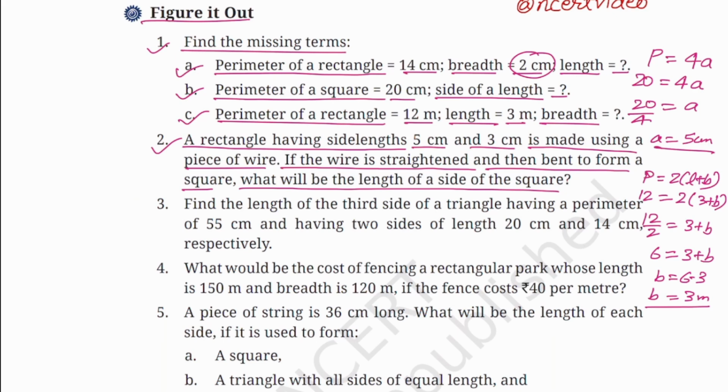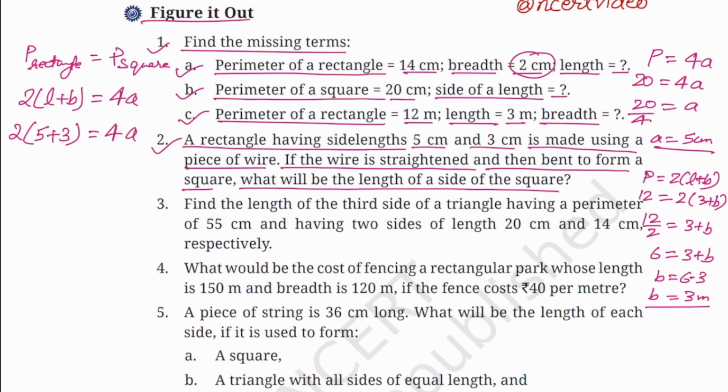That means perimeter of rectangle will be perimeter of a square. Length of a side of a square will be 4 centimeter.